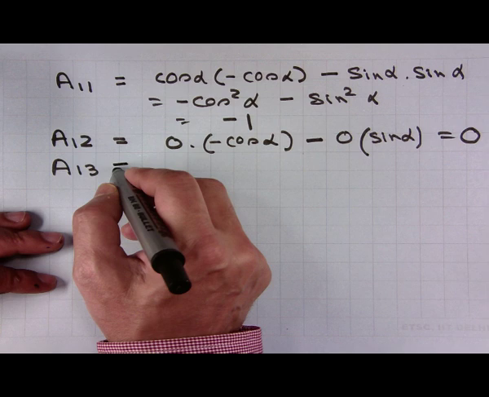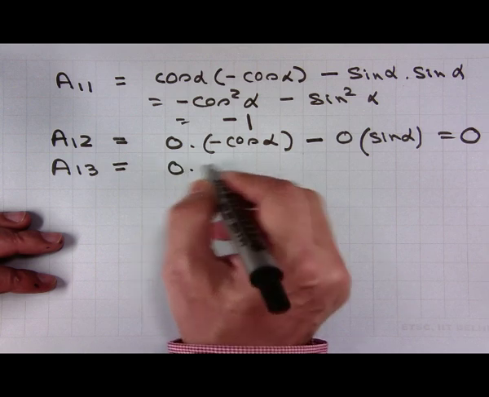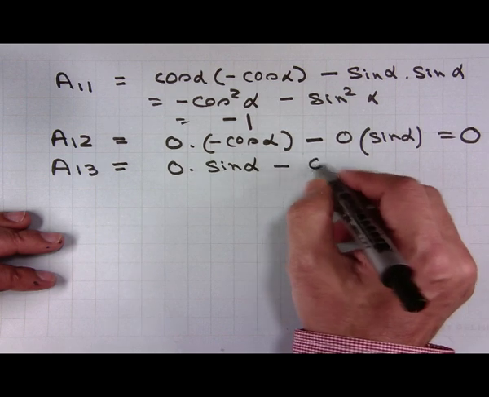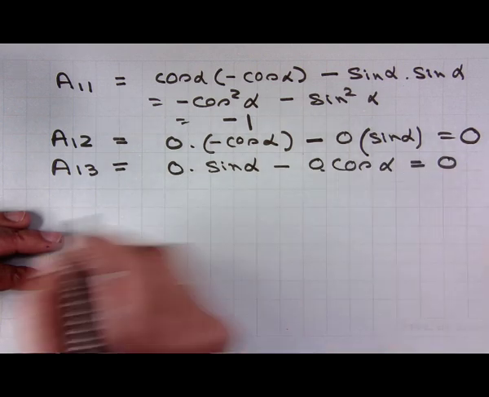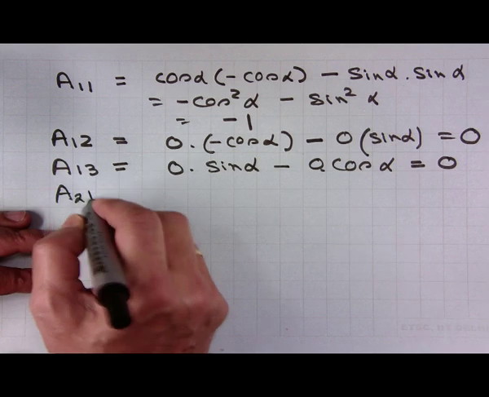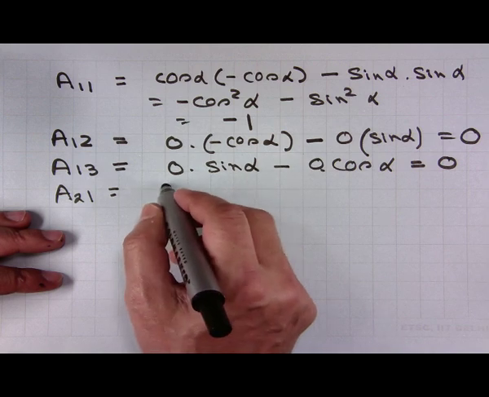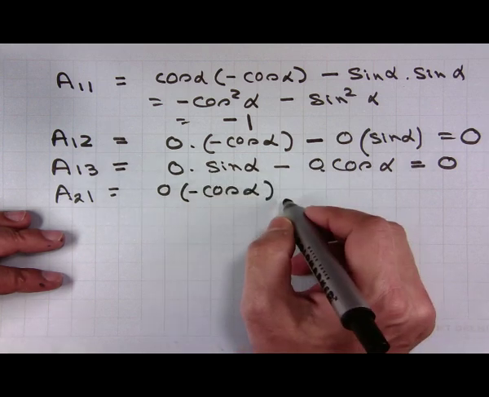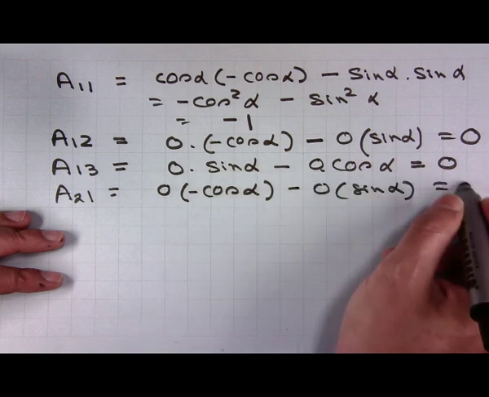A13 is equal to 0 times sin alpha minus 0 times cos alpha, is equal to 0. A21 is equal to 0 times minus cos alpha minus 0 times sin alpha, is equal to 0.